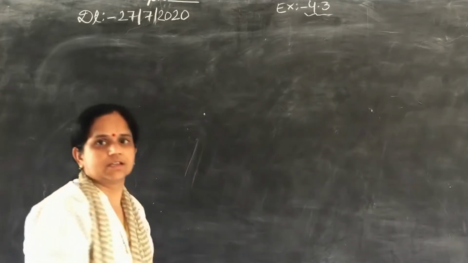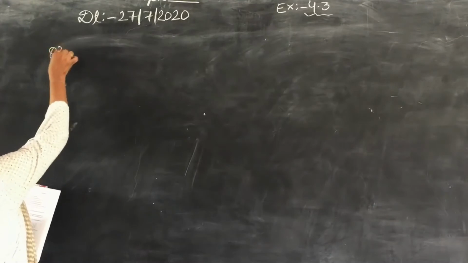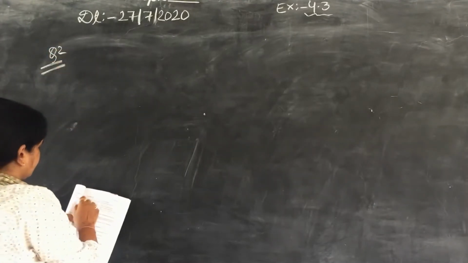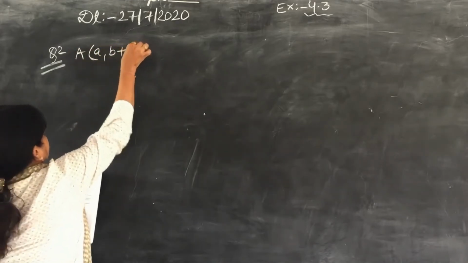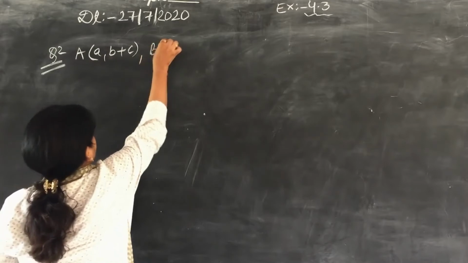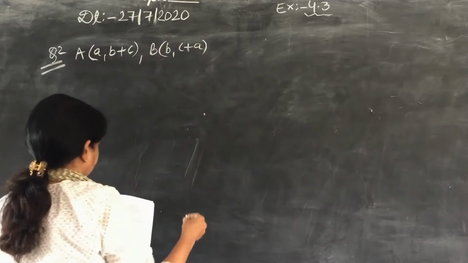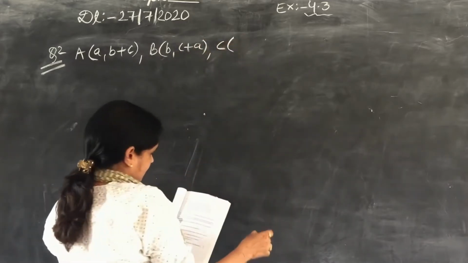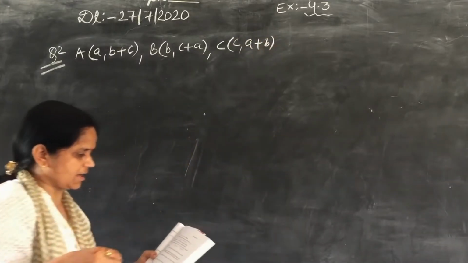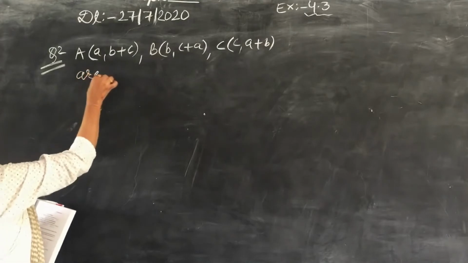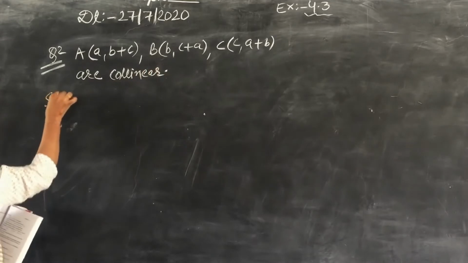Now students, the next question is, show that points A, B plus C; B, C plus A; and C, A plus B are collinear. We have to prove this.